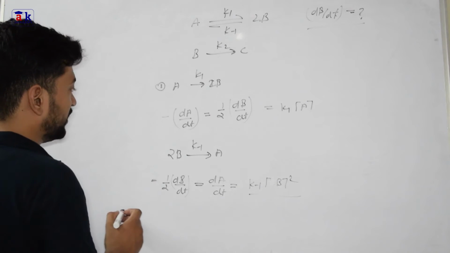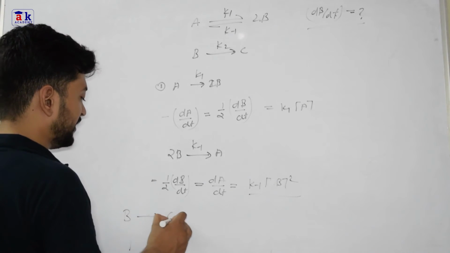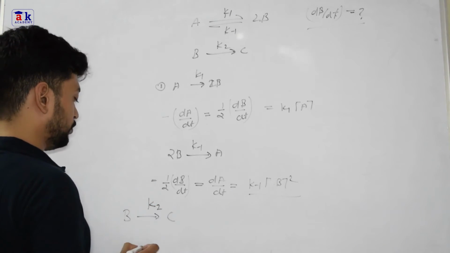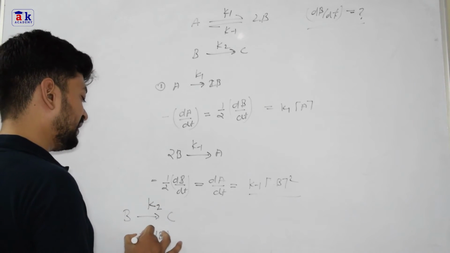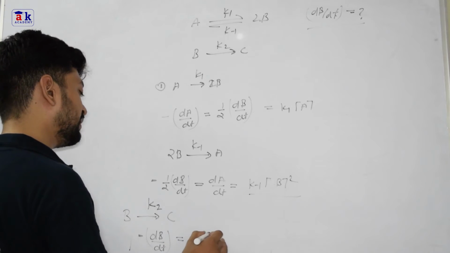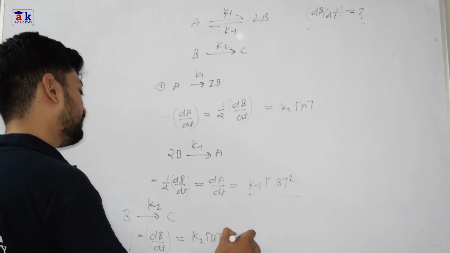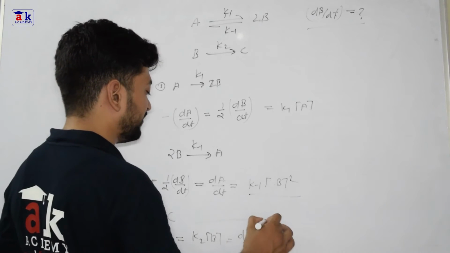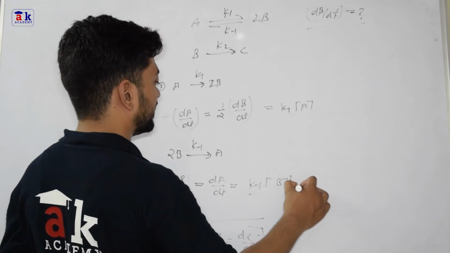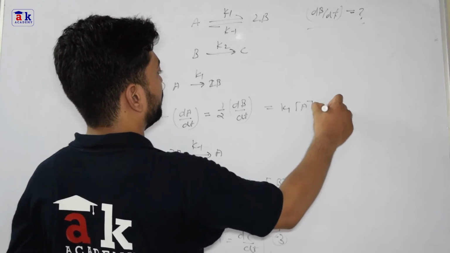And for the third one we have B is getting converted into C, and here we have K2. So I can write it like minus dB by dt is equal to K2 into B is equal to dC by dt. I can write it like this. So this is the third equation, and this is your second equation, and this is your first equation.